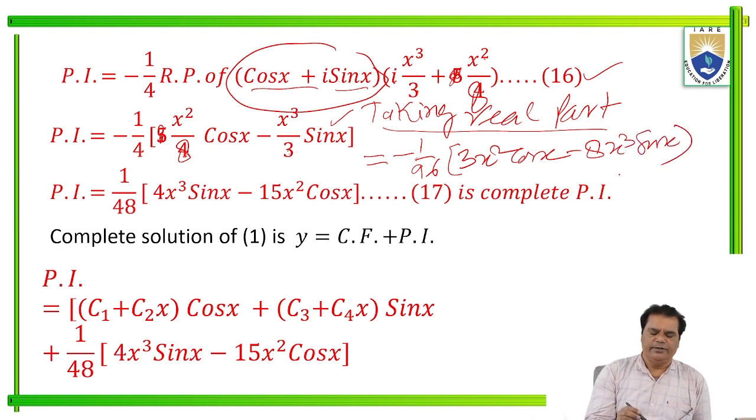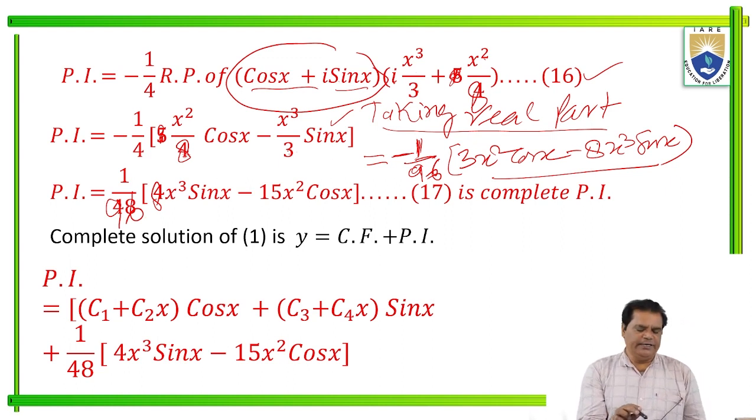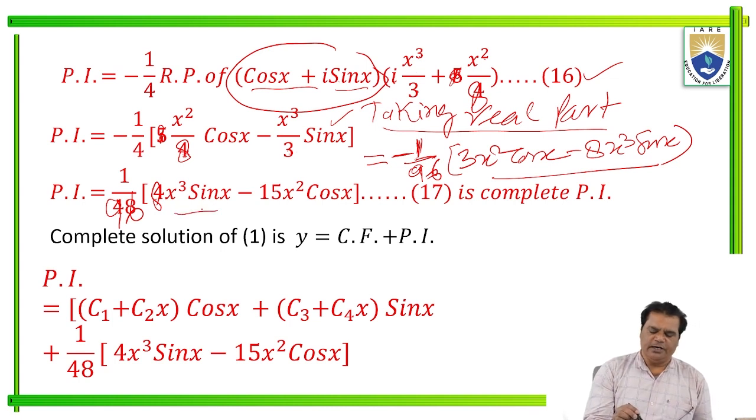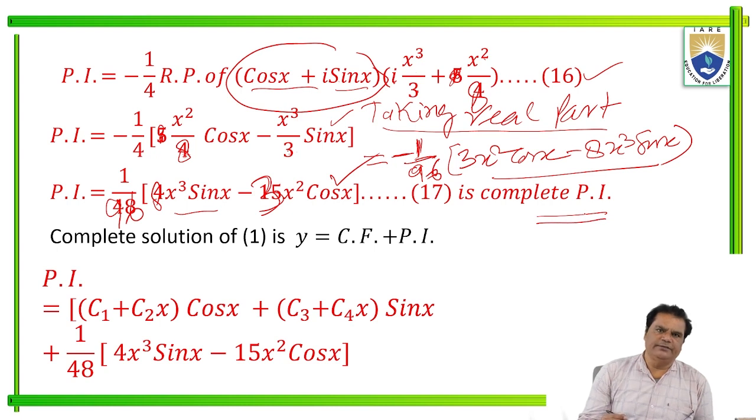Minus 1 upon 96, so this is pi. Taking the minus inside the bracket, the sign becomes positive: 8x cube sin x minus 3x square cos x. So this is the complete pi.